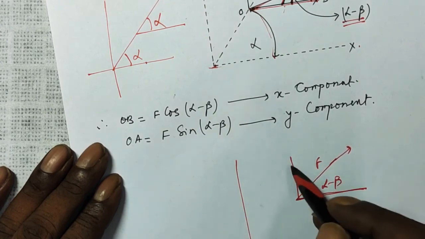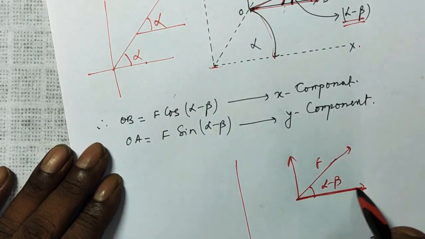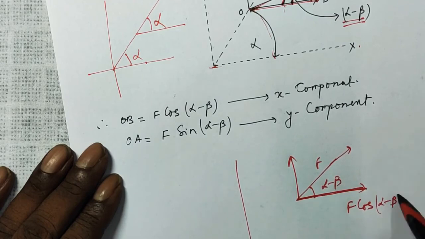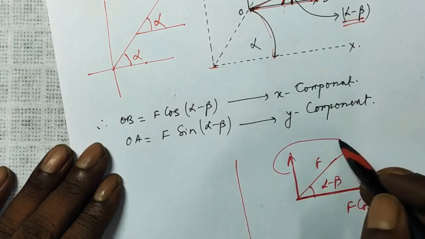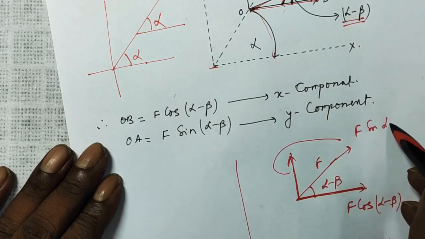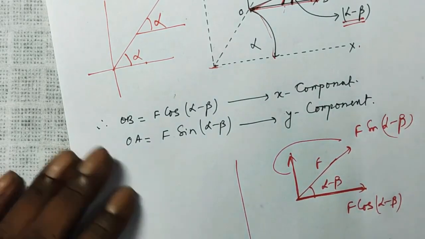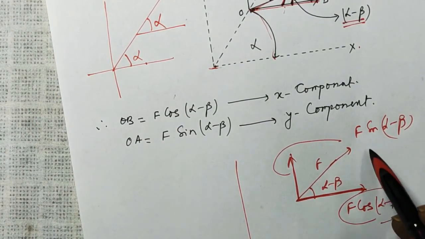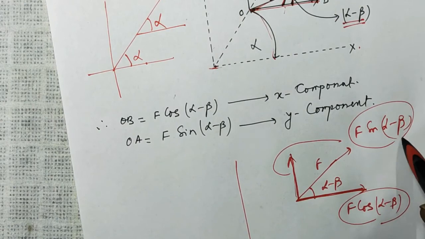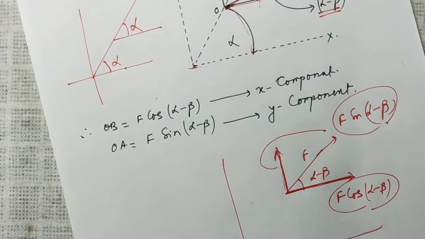Therefore, this component will be F cos of alpha minus beta, and this component, that is same thing as this, will be F sin of alpha minus beta. And this is along positive x-axis and this is along positive y-axis, therefore both are positive.